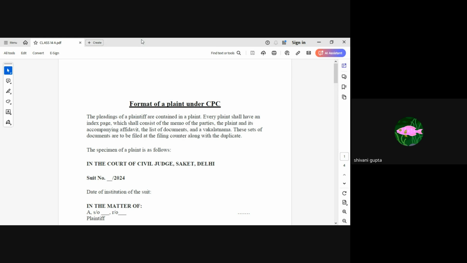After the annexure there are schedules where the time limit is given. Let me check in which schedule it's given. I think schedule number 3 is there.